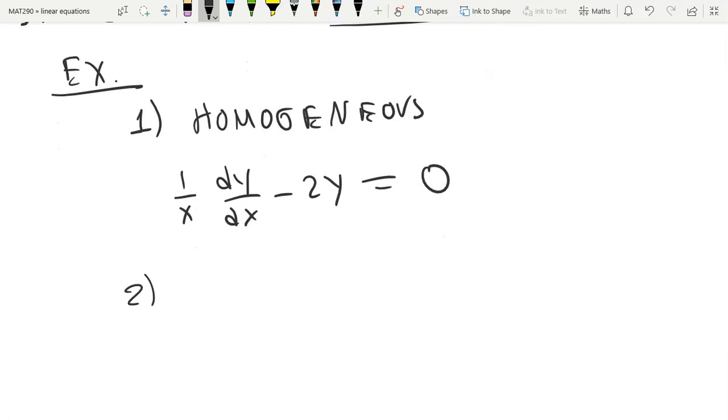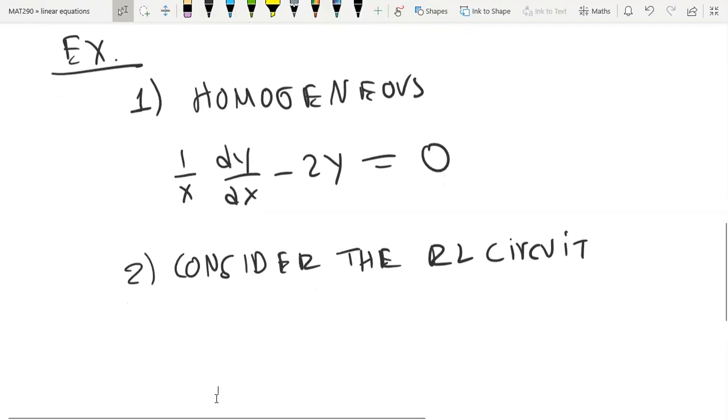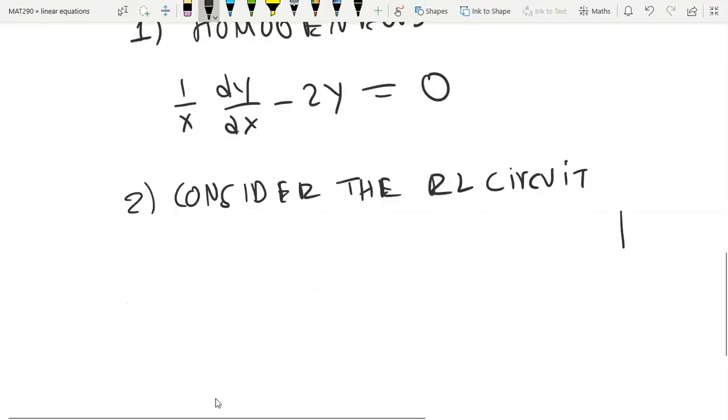Here's another applied example. Consider the RL circuit. Right over here, we have the resistance, the inductor, and then the voltage.